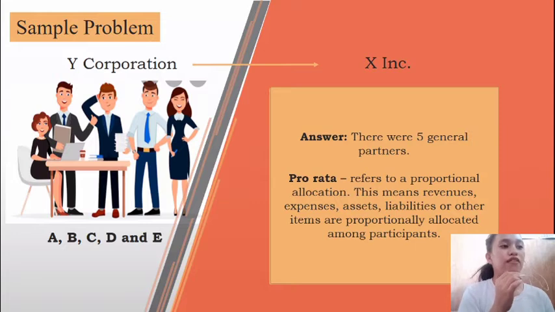This means revenues, expenses, assets, liabilities, or other items are proportionally allocated among participants. And I think it is not a solidary obligation, meaning each of the partners is bound only to his share. So A, B, C, D, and E have only one fifth of the obligation to X Incorporation, and all of them are liable for the obligation.